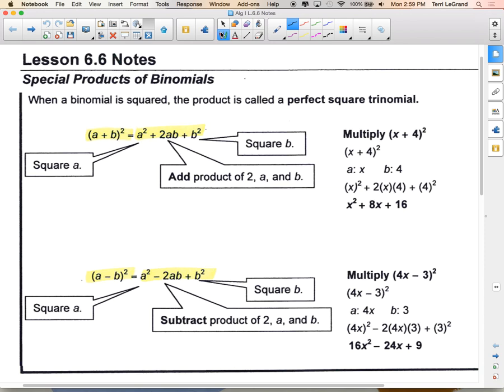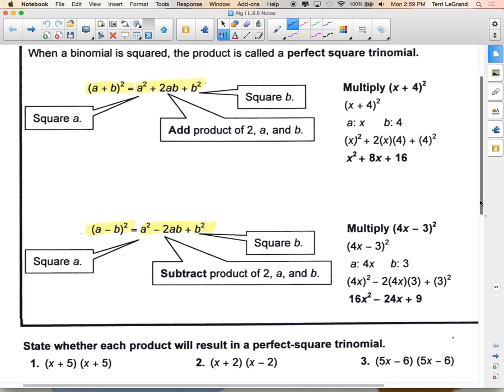So we just did some binomials times themselves, and we figured out that when you have a binomial times itself, you will get a squared. You will take the first term and multiply it by itself. So the first term in this one is a. This is just the algebraic way of talking about it.